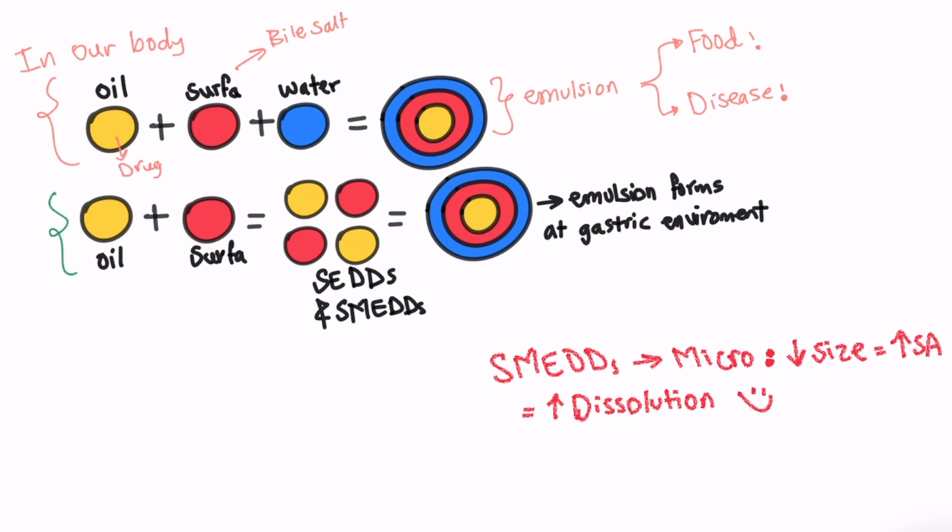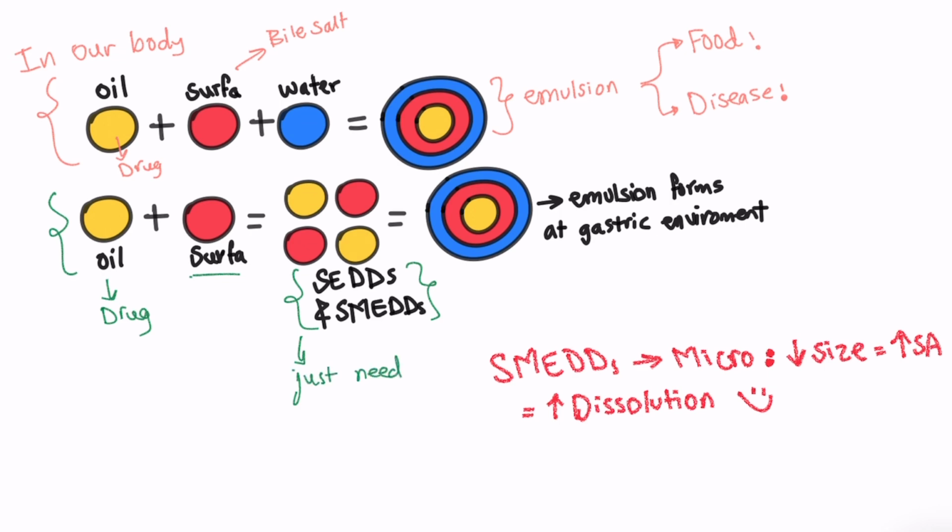Take a look at the second drawing, where we mix the poorly water-soluble drug with a surfactant, and we make them into something called a self-emulsifying drug delivery system and a self-microemulsifying drug delivery system, the SEEDS and the SMEEDS in short. These systems, once they are administered in the body and at the gastric environment, when they interact with water, will form emulsion, and therefore they are called self-emulsifying.